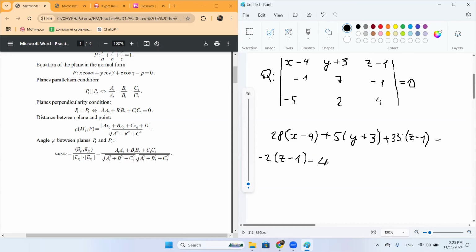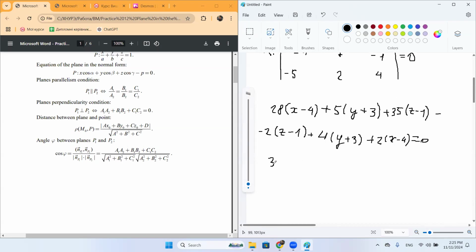Minus plus 4 y plus 3. And for x, plus 2x minus 4 equals 0. So what we have, 30 x minus 4 plus 9 by y plus 3 and plus 33 by z minus 1 equals 0.